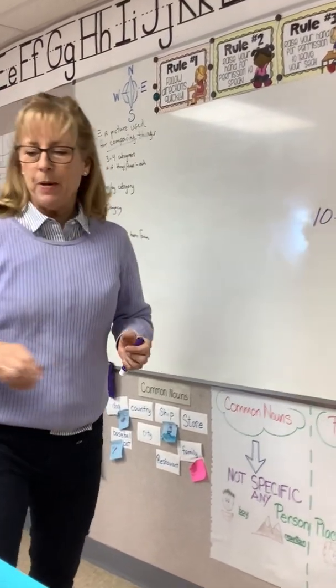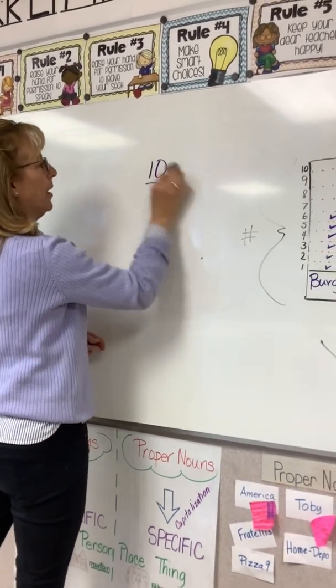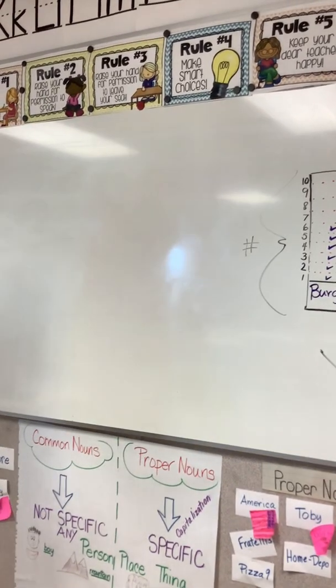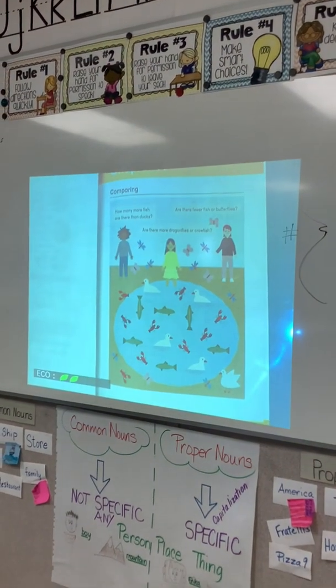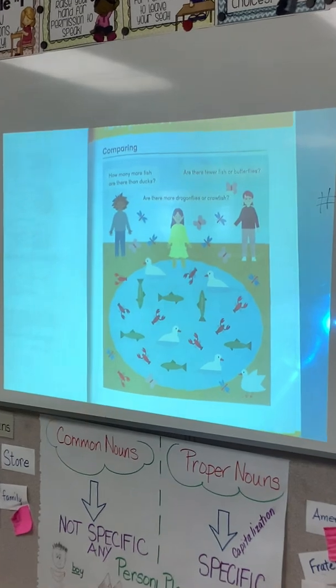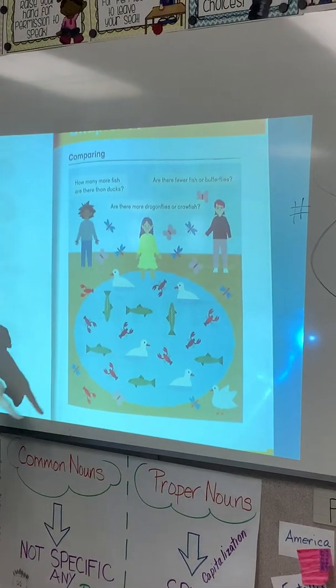Now let's look at the picture that we started the chapter with. Do you remember the picture at the park? And it had all the ducks and the butterflies and the dragonflies and crawfish. We could actually make a graph of all those sets of animals.